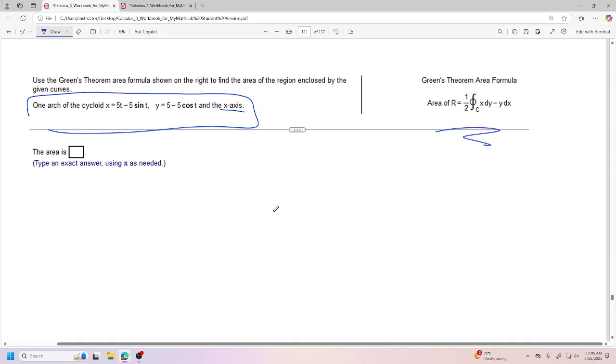It says apply this formula. Go, figure it out. Okay, so we got 1/2 of integral something x dy minus y dx. I don't even have a dt. I don't know what to do.